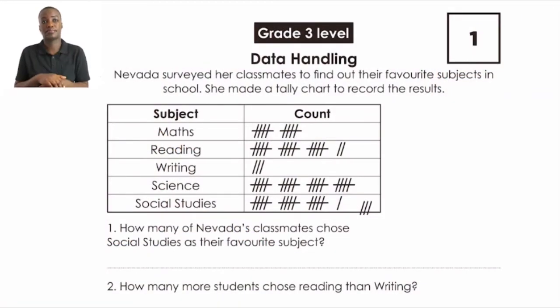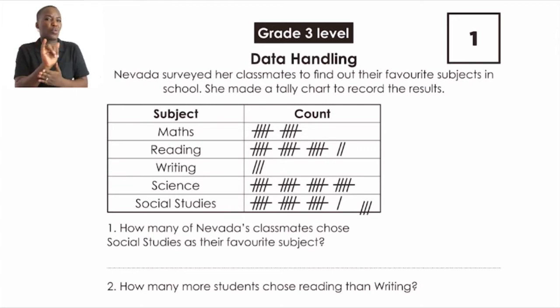On page 6, we are starting with data handling. Now, data is a type of information that has been put together and needs to be read. In this data, we are told that Navada surveyed her classmates to find out their favorite subject in school.